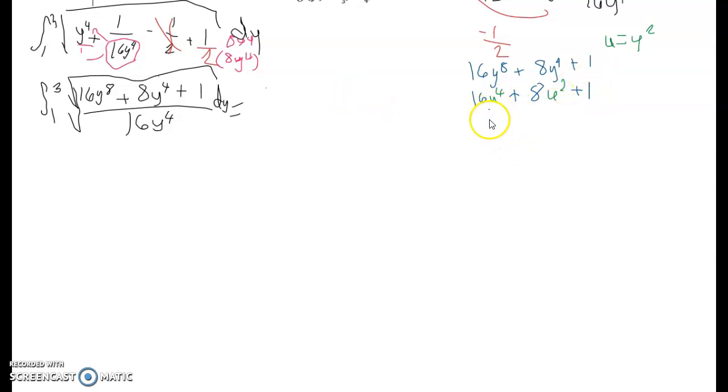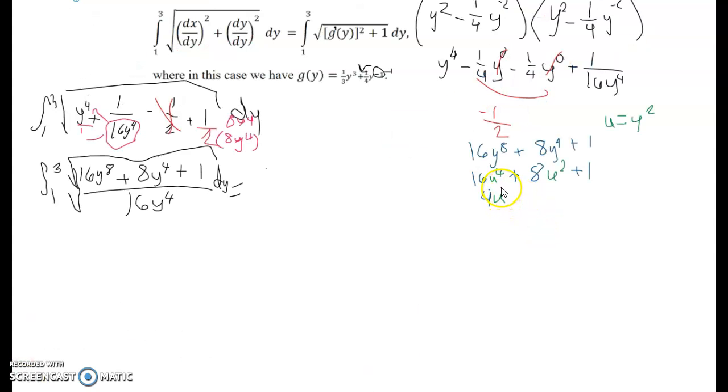And if we were to factor this out, this would be 4 u squared plus 1, which is just basically 4y to the fourth plus 1, because u is y squared. And to make it equal to this again, it would be squared.